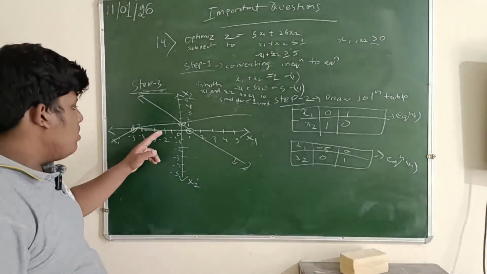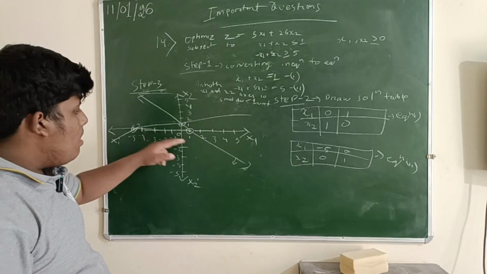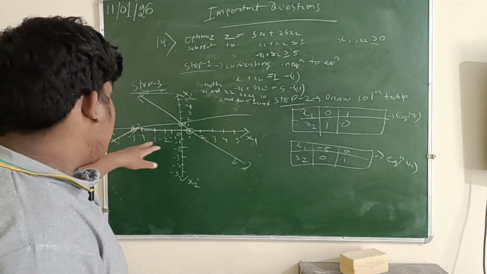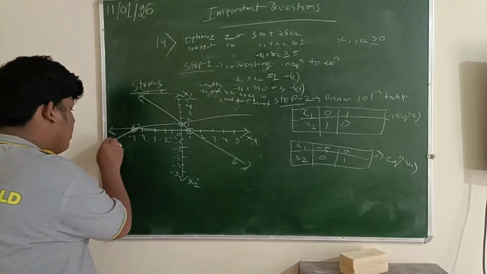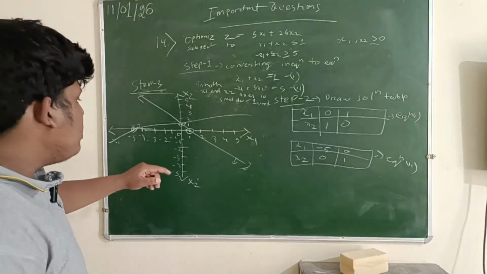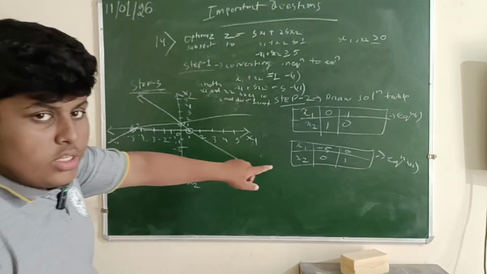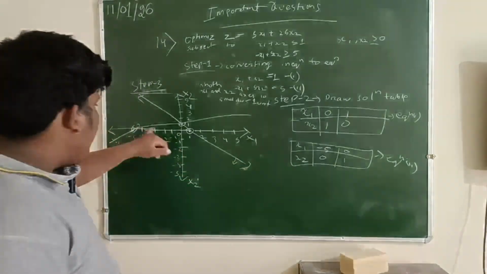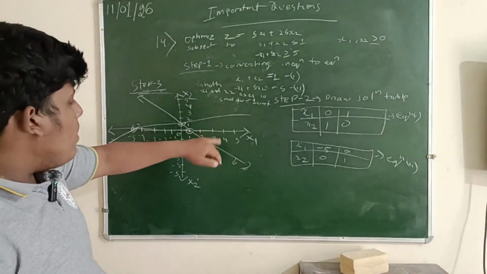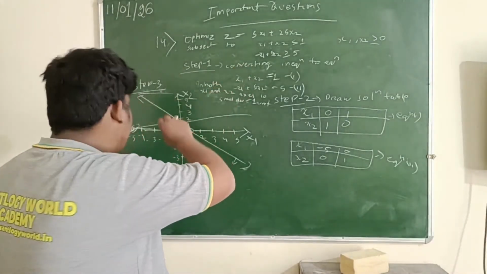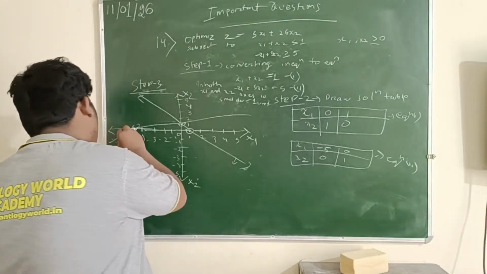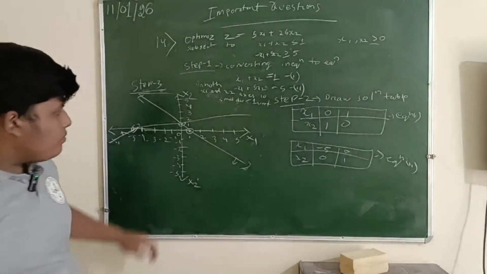So this is equation 2, and this is the line for equation 2 in which the points are minus 5, 0 and 0, 1. In equation 2 it was given greater than or equal to, which means here we put an upward arrow.